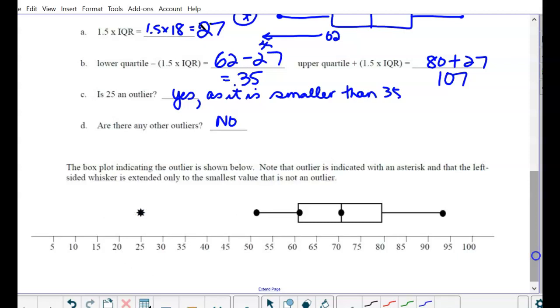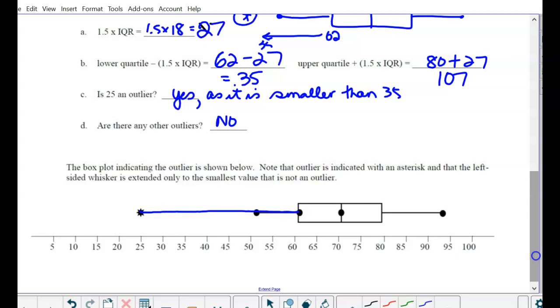So the box plot indicating the outlier shown below, note that the outlier is indicated with an asterisk and that the left-sided whisker is extended only to the smallest value that is not an outlier. So if you did this, then check to see if it's an outlier.